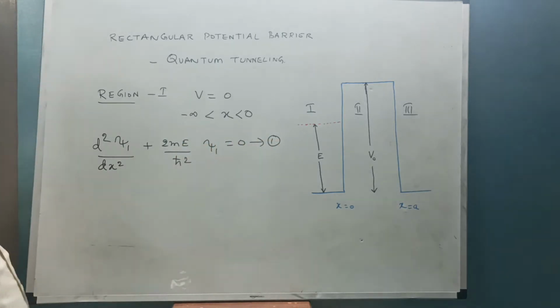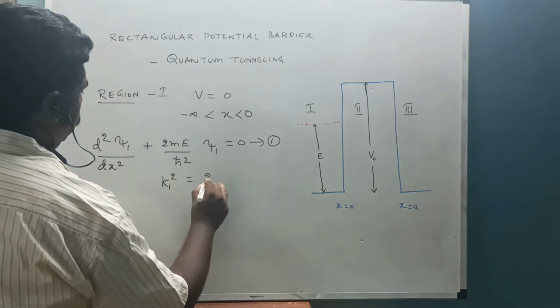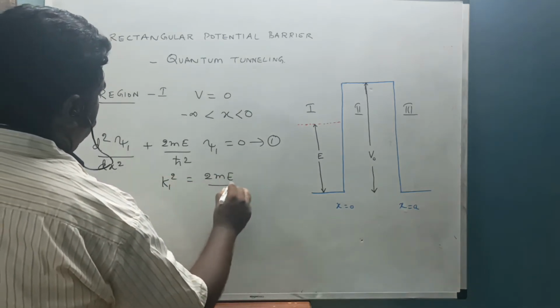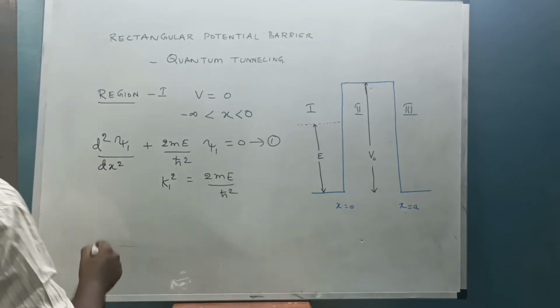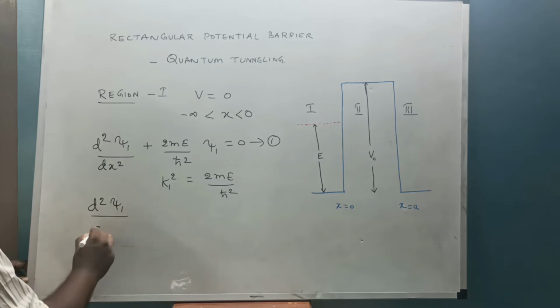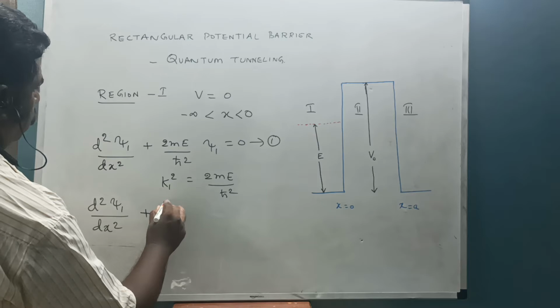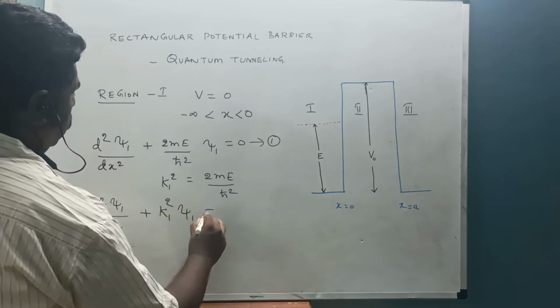Here the value of V is equal to 0. If you put k1 square is equal to 2mE by h cross square, then the above equation is changed as d square psi 1 divided by dx square plus k1 square into psi 1 is equal to 0.